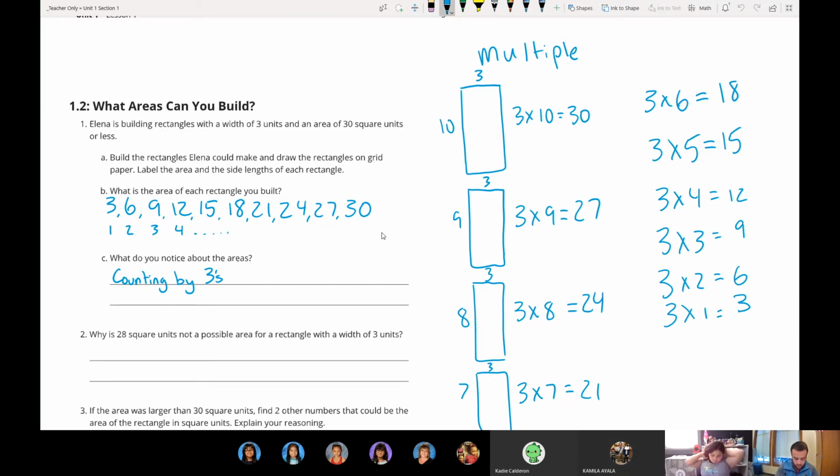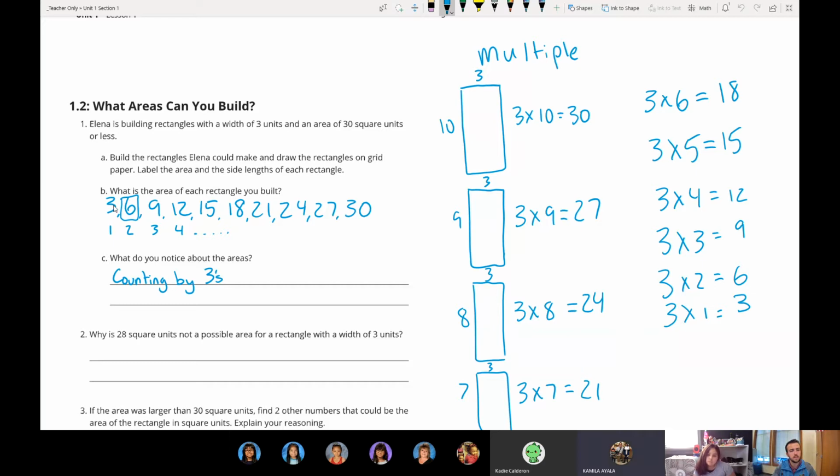So this resulting answer, this area here of 6, we can say is a multiple of 3 because we can multiply something by 3 to get 6. Right? We can build an area of 6 out of a rectangle with a side length of 3.